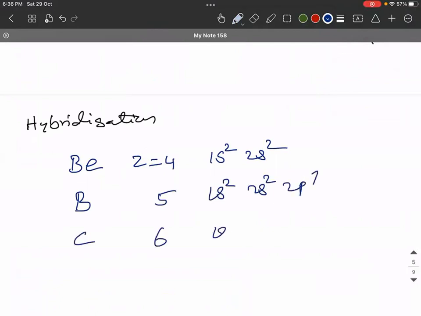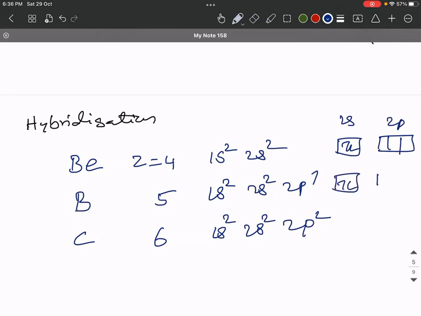Carbon 6: 1s2, 2s2, 2p2. So you have the 2s orbital completely filled and the 2p orbital empty, sequentially 2s and 2p orbitals.